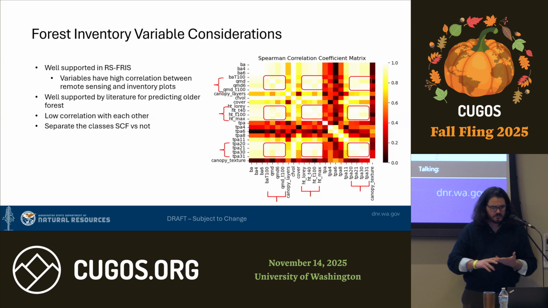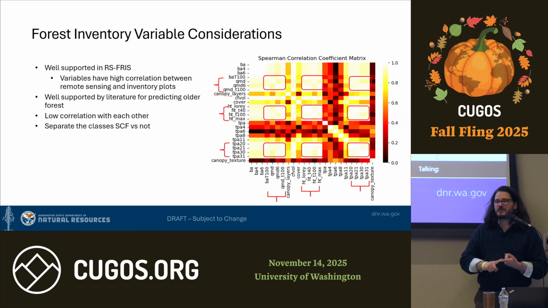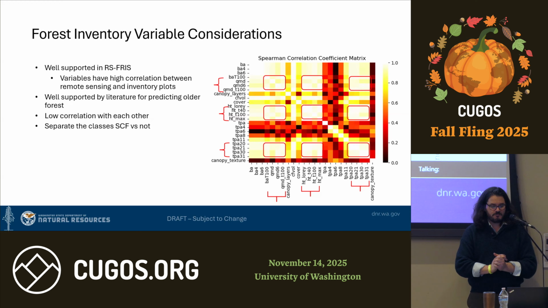We don't necessarily want to use things that are under the canopy. The remote sensing can't see it, so there's a low correlation between the remote sensing and the plots that we would have from the tree list. So yeah, we want the variables to be highly correlated with the ground truth.